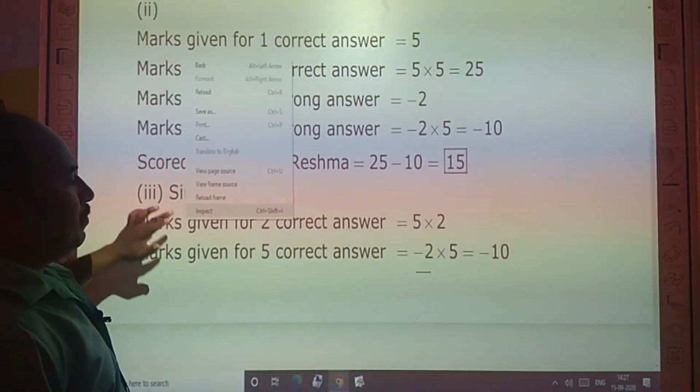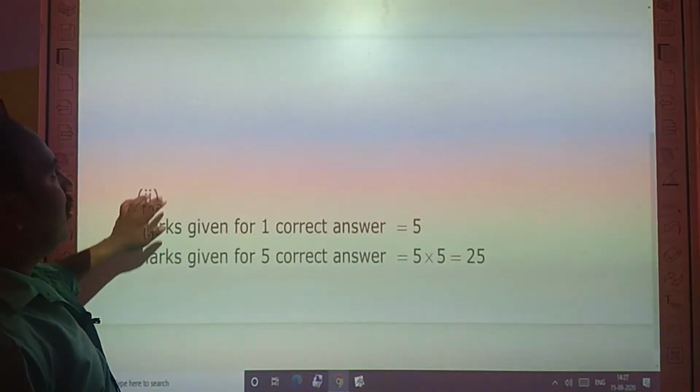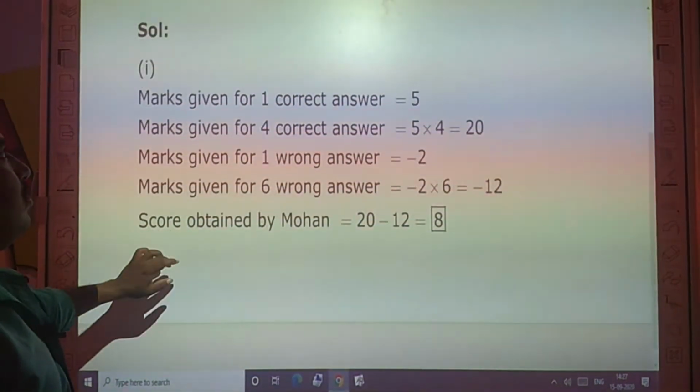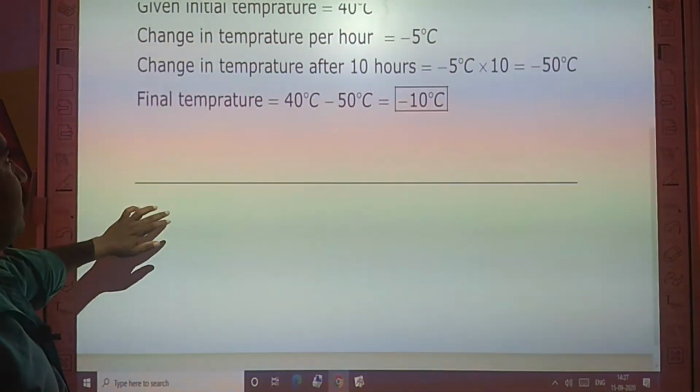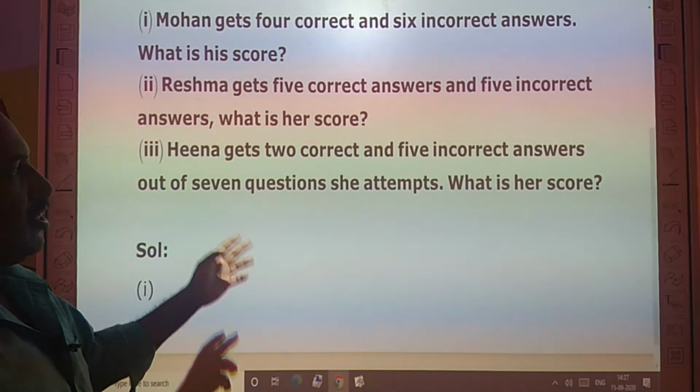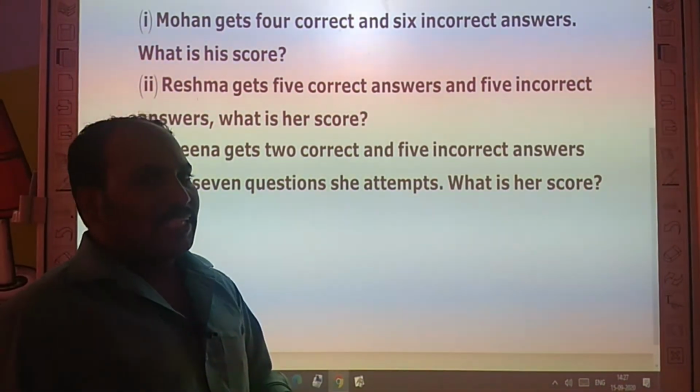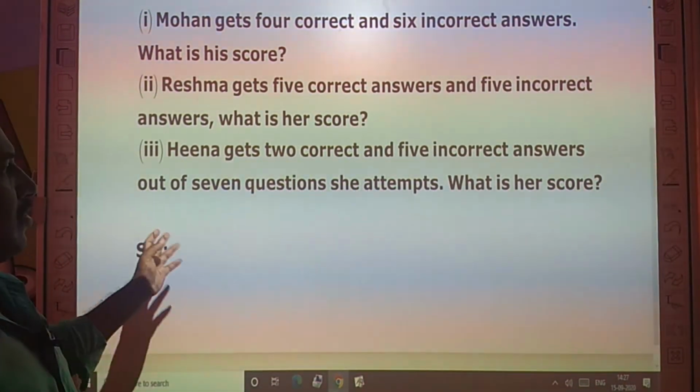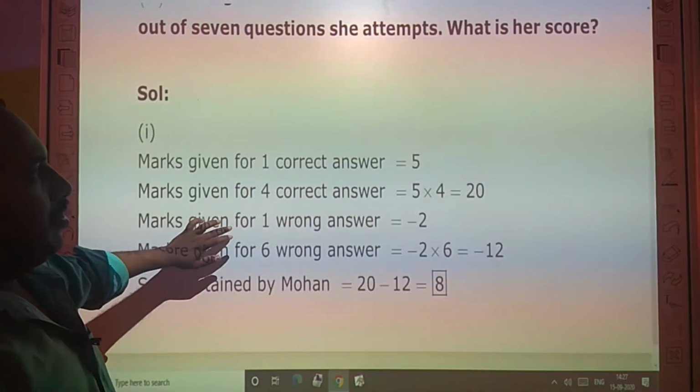Then similarly the third person, Hina. Hina gets 2 correct and 5 incorrect answers out of 7 questions. What's her score?